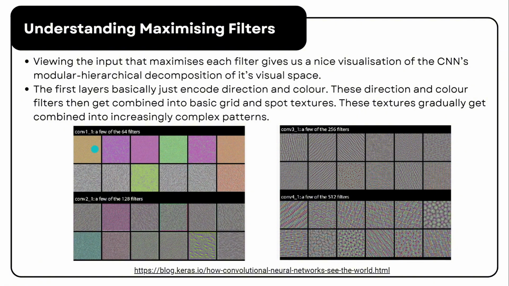Each layer, like the ones in Conv1, mainly picks up on simple features. Examples here are directions and colors. These filters detect basic visual building blocks.